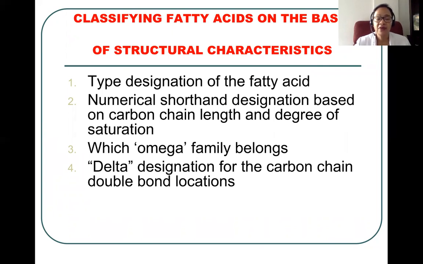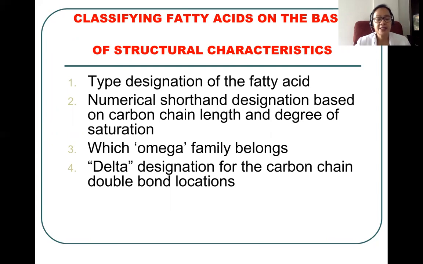you will identify its shorthand designation based on the carbon chain length and the degree of saturation. Like for example, your linolenic acid. So you will put 18 because there are 18 carbons present, and then 3 because there are 3 double bonds present.